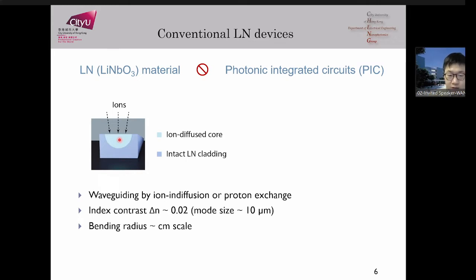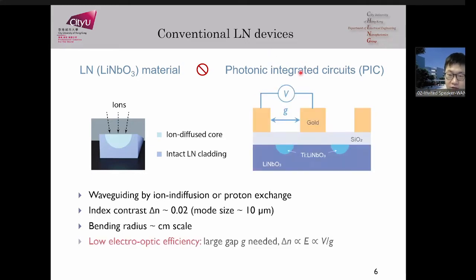By doing that, you can create an index contrast of about 0.02. That small index contrast means the waveguide size is pretty large and they can barely bend, with a bending radius on the order of a centimeter scale. So really, you can't do much on the chip like what people have been doing in, for example, silicon photonics.